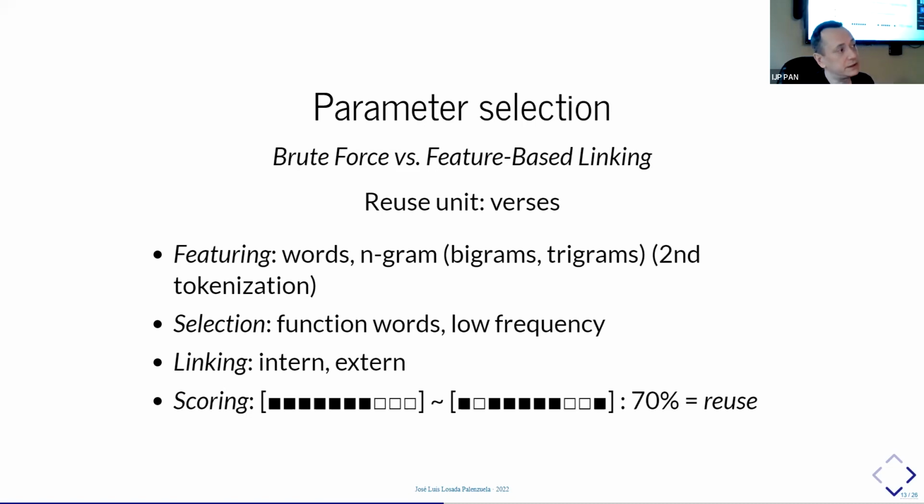If you set the scoring to 70% or 50%, whatever you want, that is going to be qualified as reuse. Below that, it's not going to be taken as reuse. Of course, the 70% depends on what you have chosen, bigrams, trigrams, words, and so on.